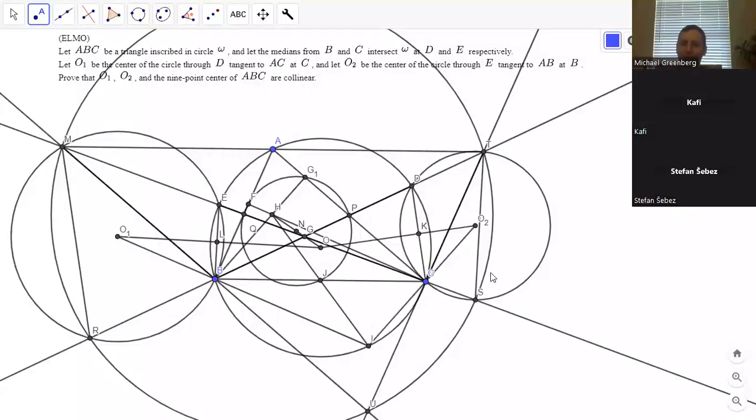TS is the radical axis of this circle and this bigger circle, so HO2 is the perpendicular bisector of TS. Yes, exactly.